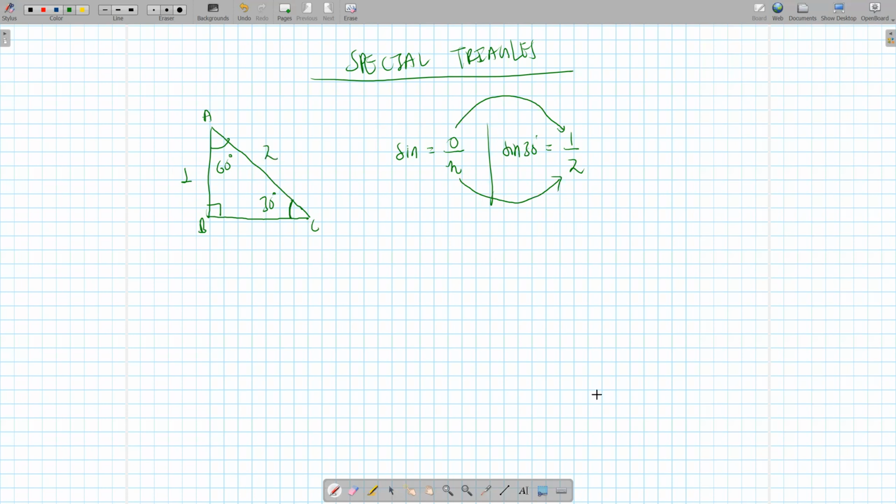And don't tell me 1. Use Pythagoras theorem. It's a right angle triangle. We know the hypotenuse, we know the opposite. We know C, we know A, we're trying to find B.